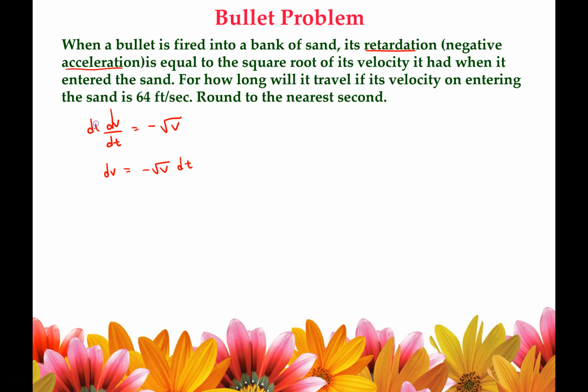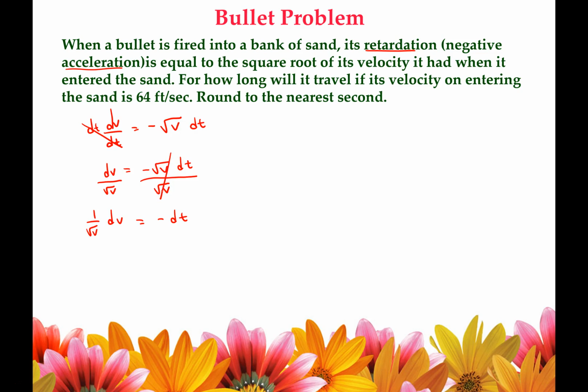See how I multiplied by dt? Next step is I'm going to divide by root v. And so I'm going to rewrite this on this side as 1 over root v dv equals a negative dt.